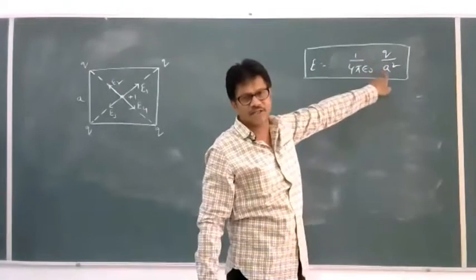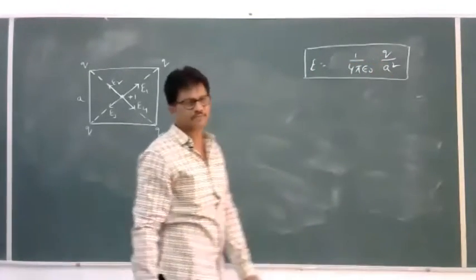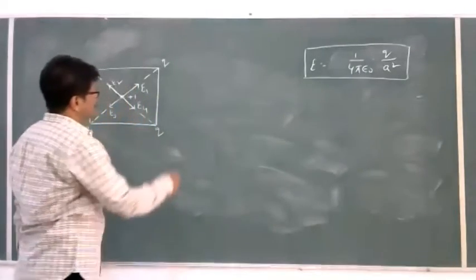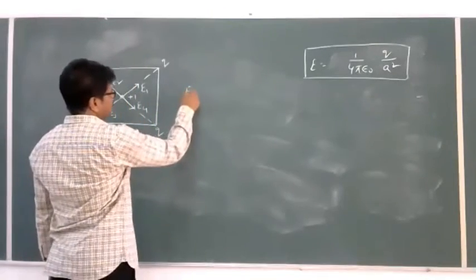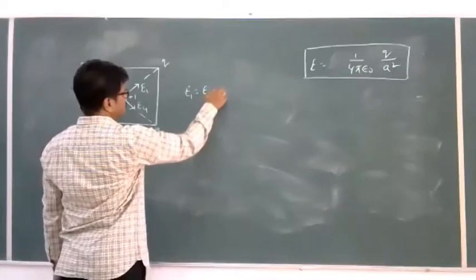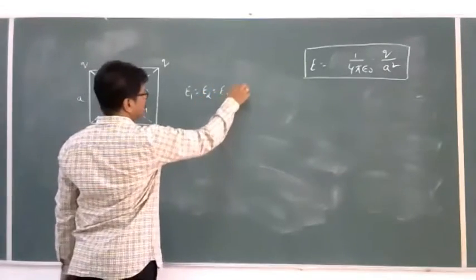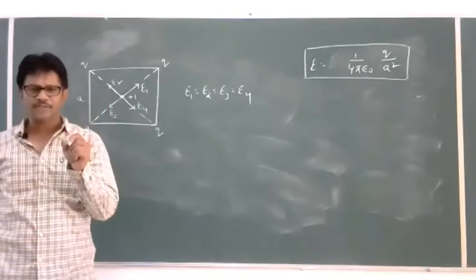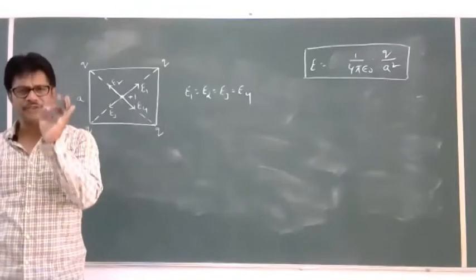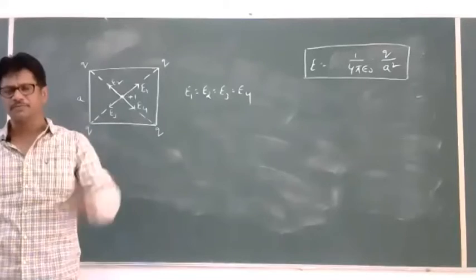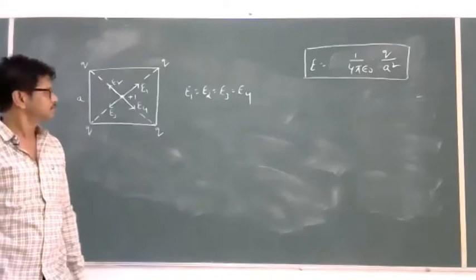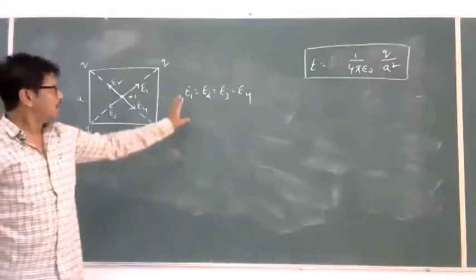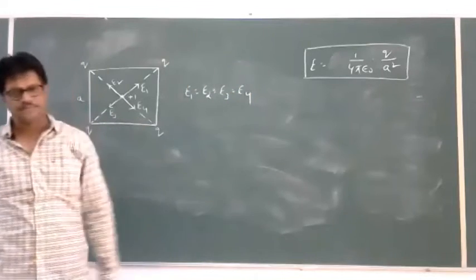The distance is also the same, because the center is equidistant from all the corners. Definitely I can write E1 is equal to E2 is equal to E3 is equal to E4. All electric intensities are the same.